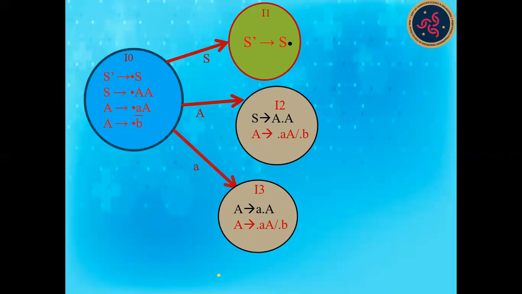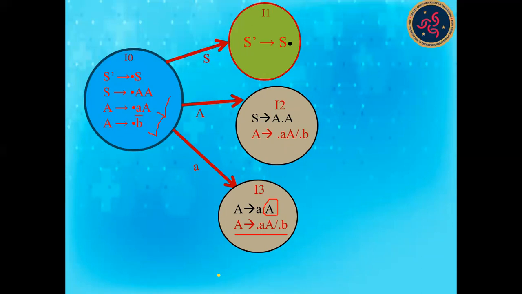Here I write the production A gives a dot capital A, since the dot operator is moved forward after reading small a. Again the same condition occurs here, so we need to apply the closure upon this capital A. I take all the productions that start with capital A: A gives dot A capital A and A gives dot B. That's why I have taken these productions also into the state I3.